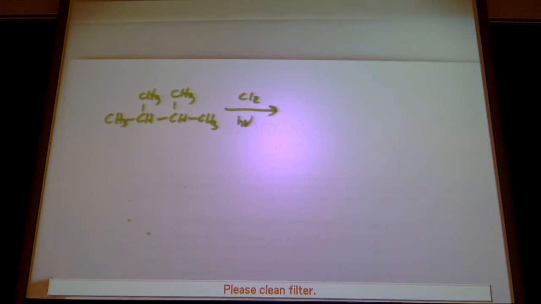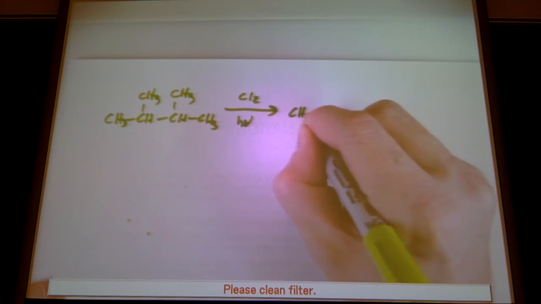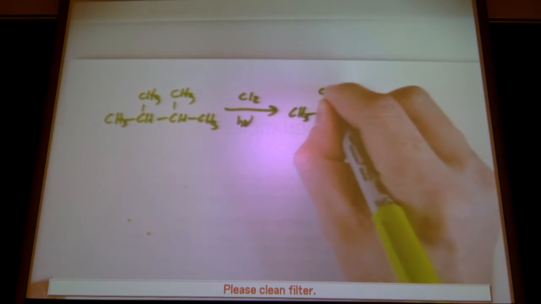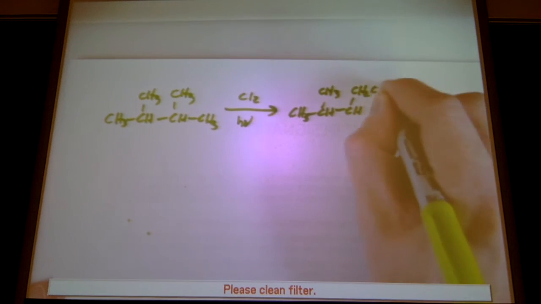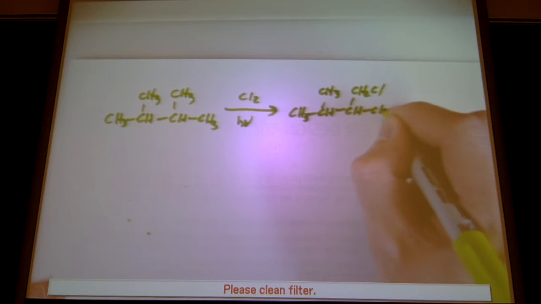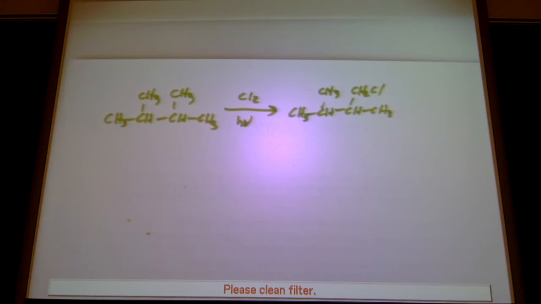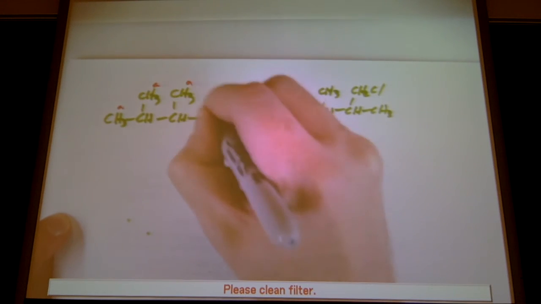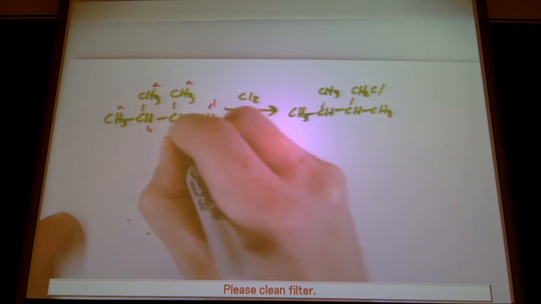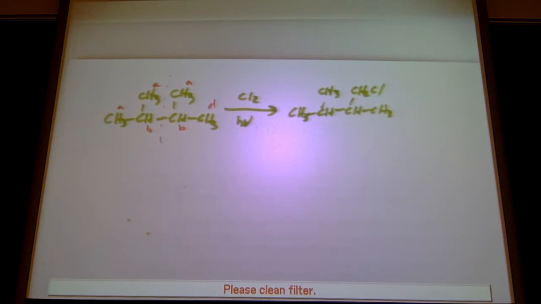All the methyl groups are attached to the exact same thing. So just replacing any one of those would give me the same product. And then my 2 CHs are also equivalent, so I have a plane of symmetry here.